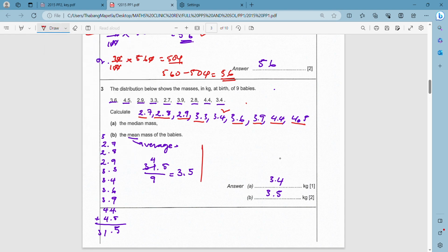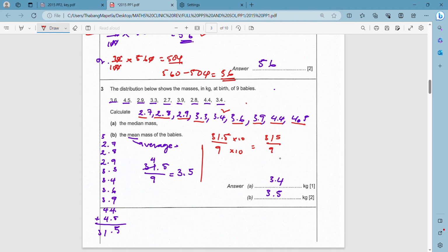If you get numbers like 31.5 divided by 9, you can simply multiply these numbers by 1, and that 1 you can have in the format of 10, because we want to get rid of this decimal 0.5. So we are going to multiply by 10 at the top, by 10 at the bottom.